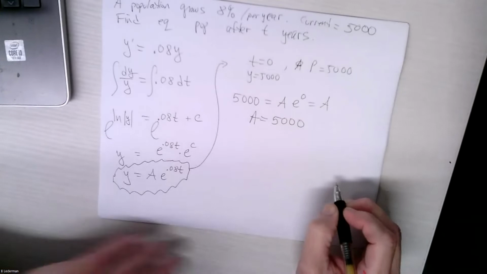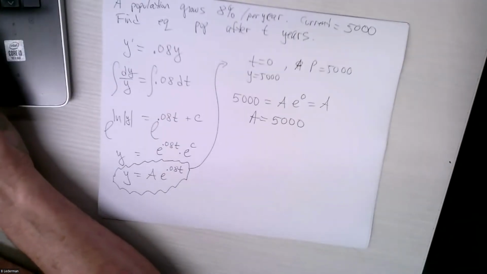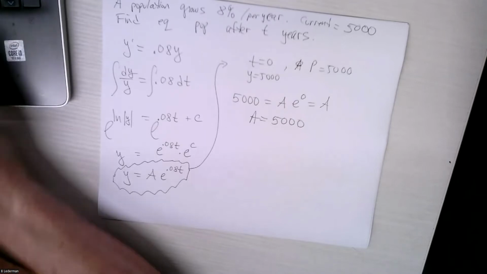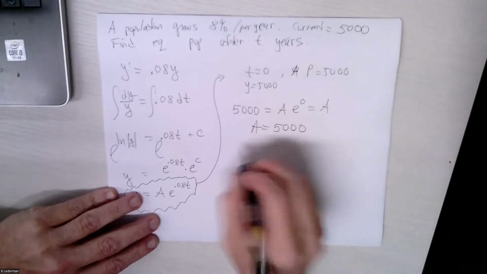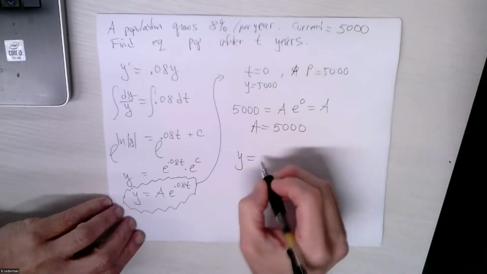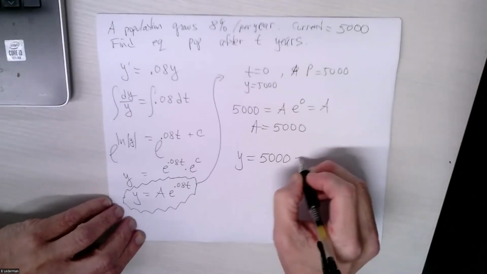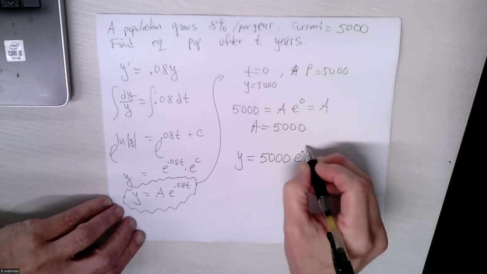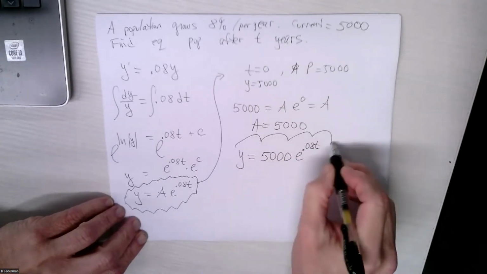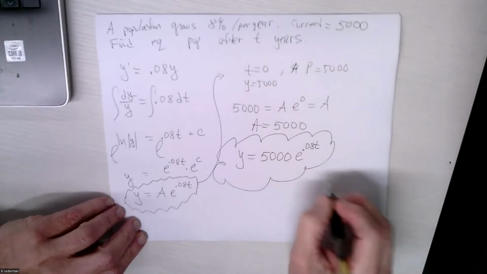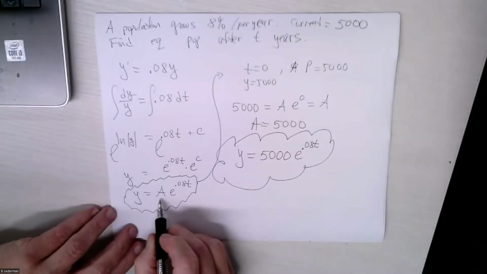So our true equation is y equals 5,000 e to the 0.08 t, and this is our true equation for this situation.